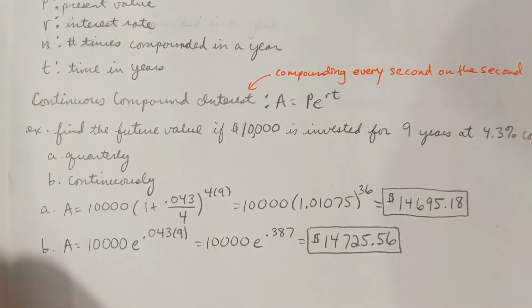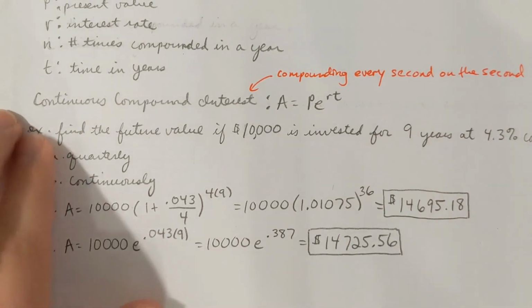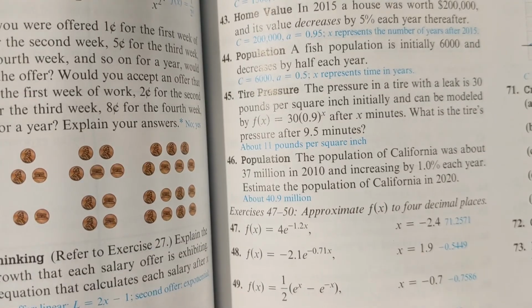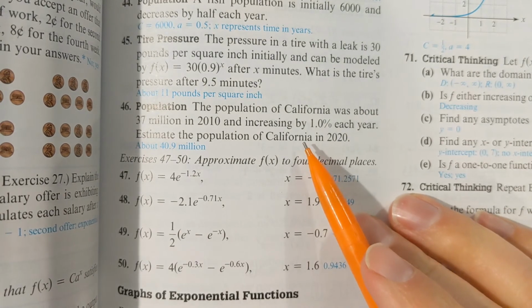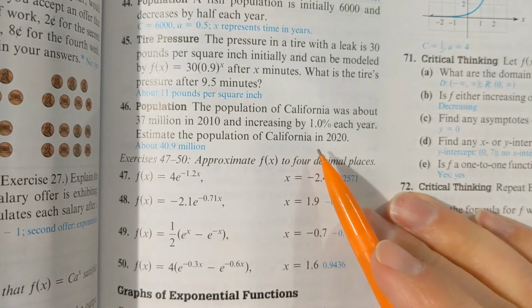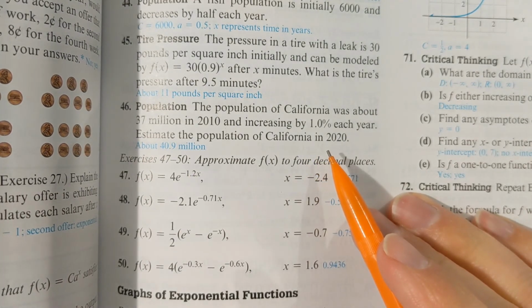Okay? I was going to do 2 more problems in the book next. On page 435, I liked problem number 46, where it says the population of California was about 37 million people in the year 2010, and it's increasing by 1% each year.